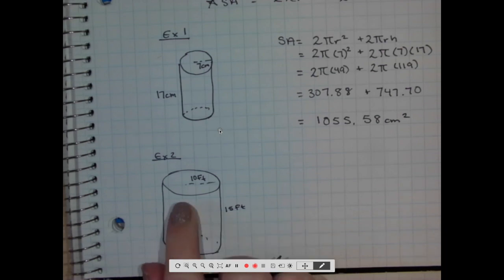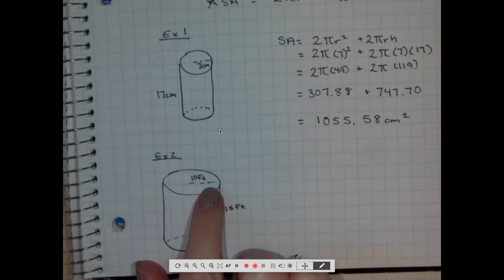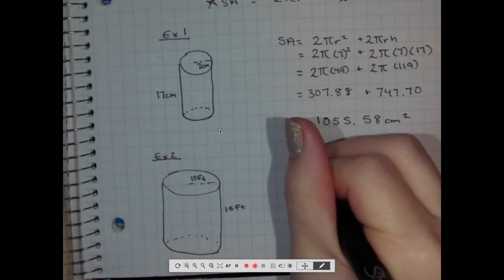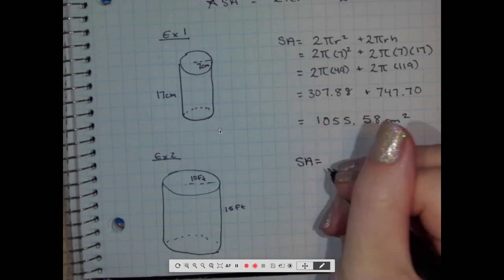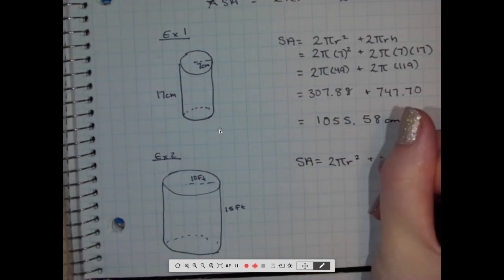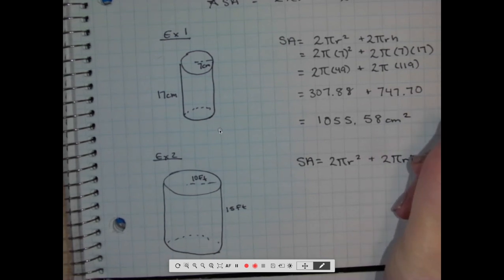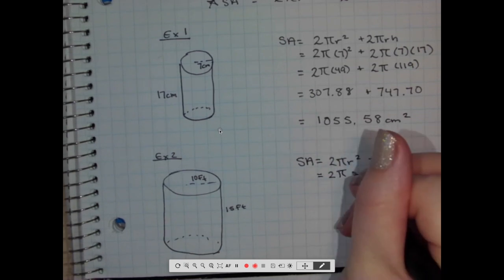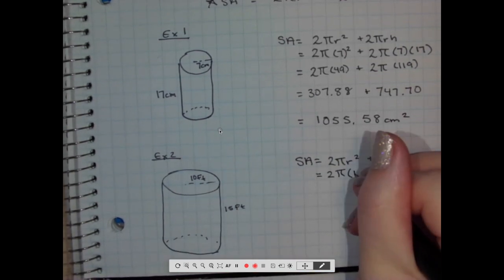So for this one here, my radius is 10 feet and my height is 15 feet. So I need to simply start with my formula. Surface area equals 2 pi r squared plus 2 pi r h. Leave my 2 pi for now. My radius is 10.